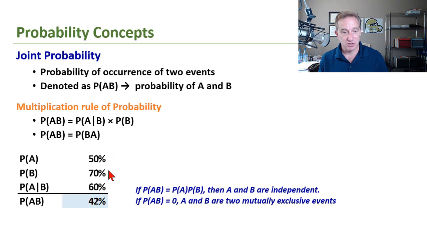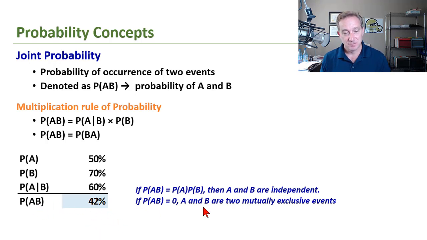So here's an example. If the unconditional probability of A is 50%, the unconditional probability of B is 70%, and the probability of A given B, or conditional on B, is 60%, then the joint probability of AB is 42%.